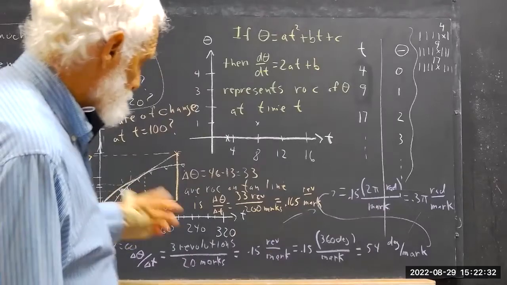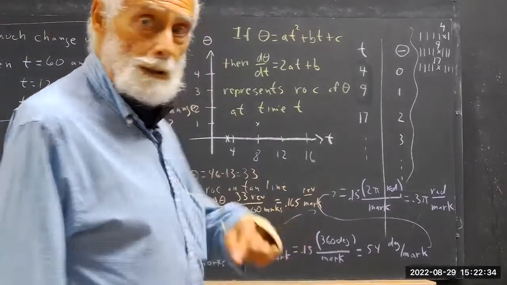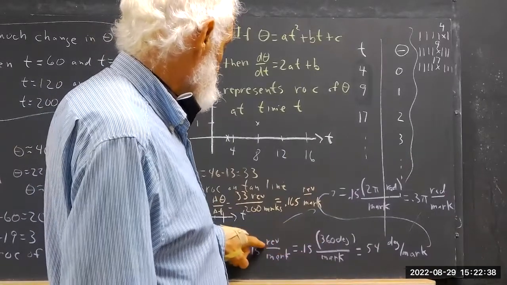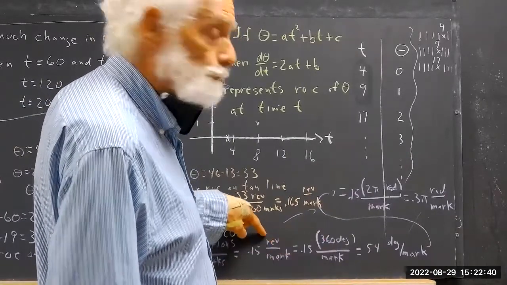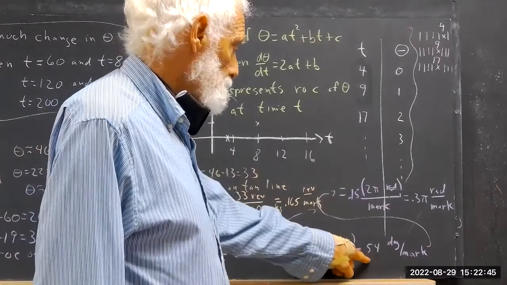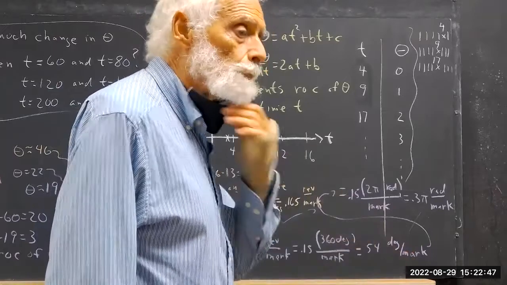I commented that that's the same as a revolution that corresponds to 360 degrees of rotation. So a revolution is 360 degrees. I replace revolution with 360 degrees. You can do a little arithmetic and see that's 54 degrees per mark.